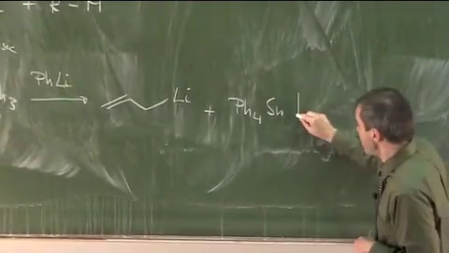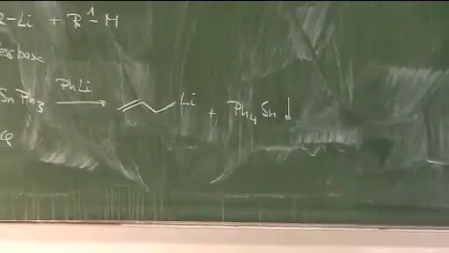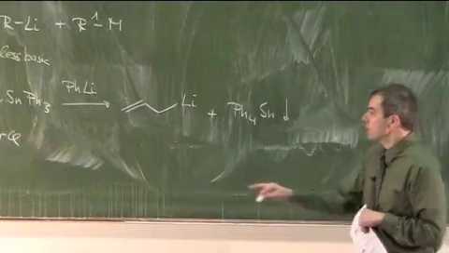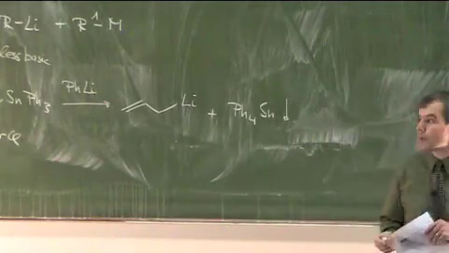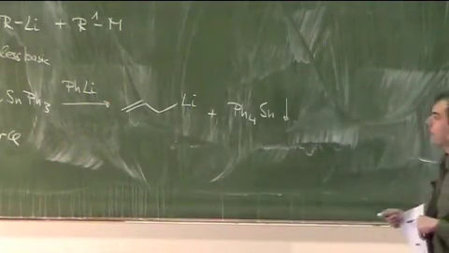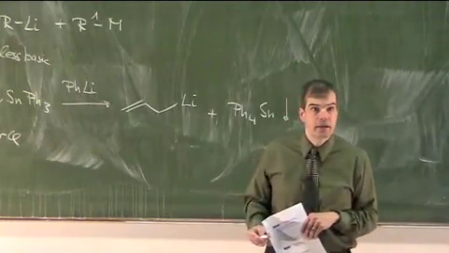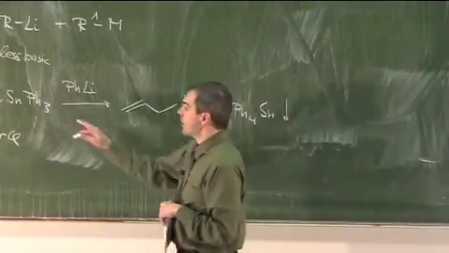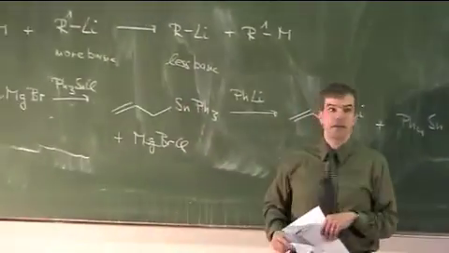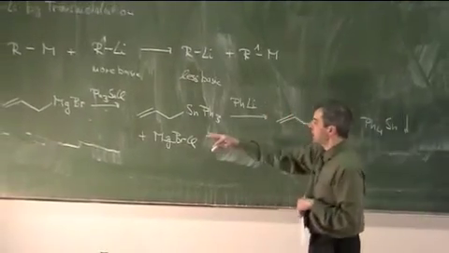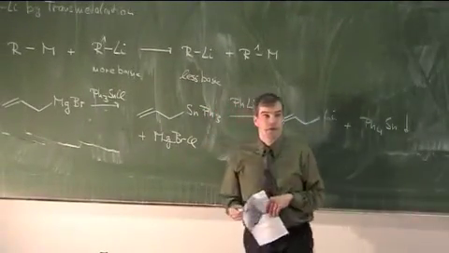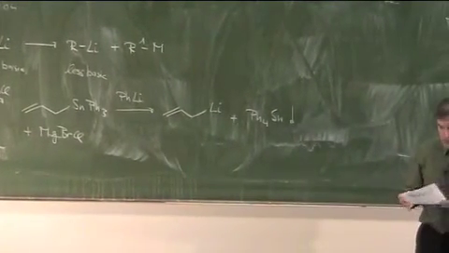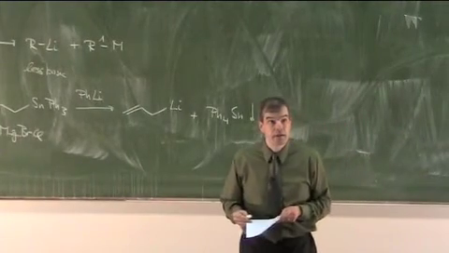The reason that this works is that the tetraphenyl tin is precipitating out of the solution, and so you're again driving the equilibrium to the desired aryl lithium compound. So this last method is not so commonly encountered for making organolithium compounds. It's more commonly encountered if you, for example, want to make tin compounds of this kind, starting from a Grignard reagent. Nevertheless, there are cases where you can also use it to make the desired organolithium compounds.